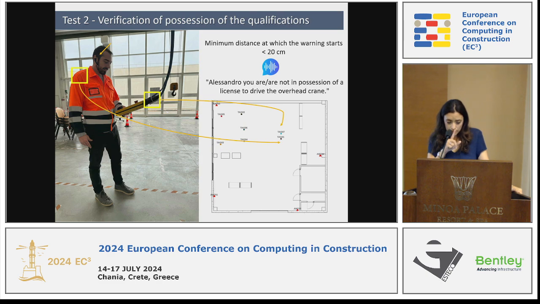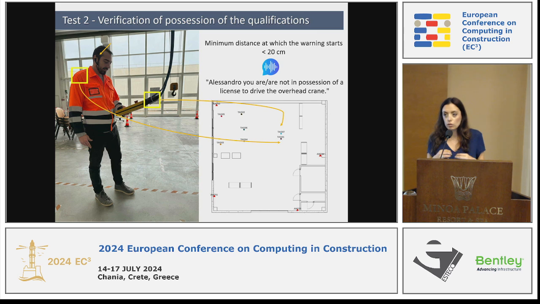The second test that we have done is the verification of possession of the qualification. So in this case, of course, the operator agent is modeled in the digital twin platform, and there we put the qualification that he or she has. And here, also in this case for distance, with the minimum distance set to 20 centimeters.